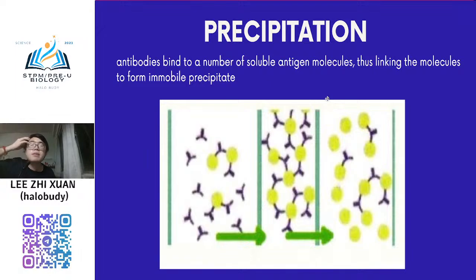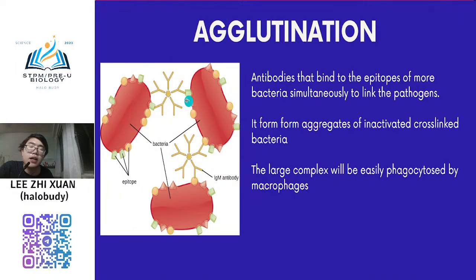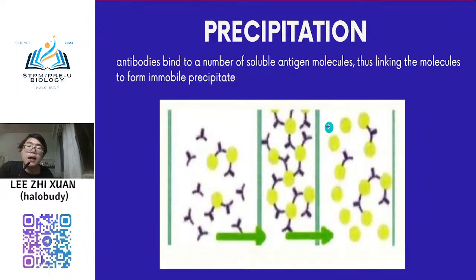Another one is precipitation. Precipitation is also similar to agglutination. The difference is that they bind to soluble antigen molecules. Agglutination binds to the antigen on the surface of the bacteria, but precipitation involves soluble antigen, meaning this antigen is floating around. It is not on the surface of the pathogen.